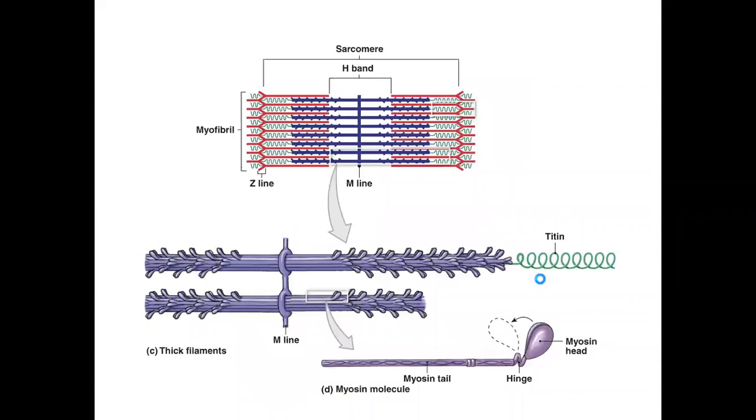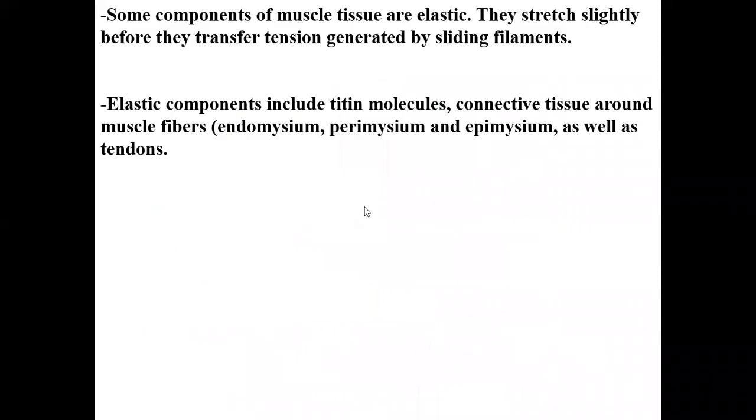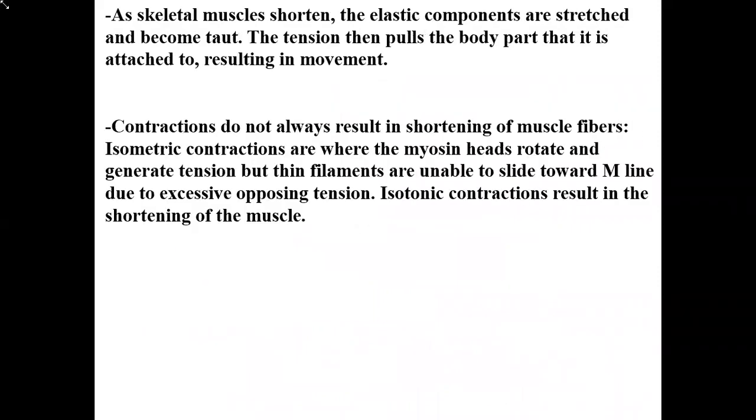So I think we've already looked at that structure. We've already discussed the size of the sarcomere. So it is also important to note that when myosin interacts with actin, then we say the fiber is contracting.